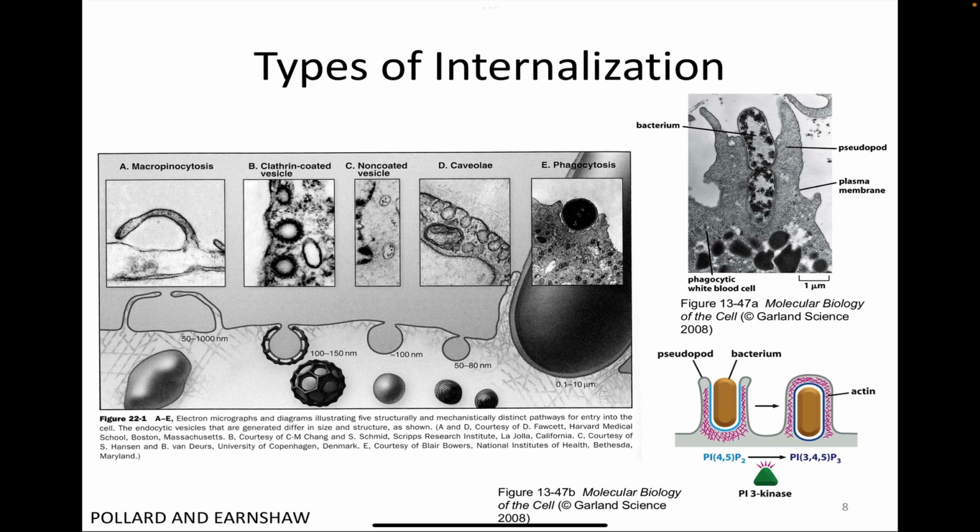Here is actually showing another image where you can actually see how much the plasma membrane had to deform in order for the cell to do phagocytosis. When phagocytosis happens, there's a ton of cytoskeletal rearrangement with actin and things like that. Phagocytosis is a very, very active process, and it's a very special kind of internalization.